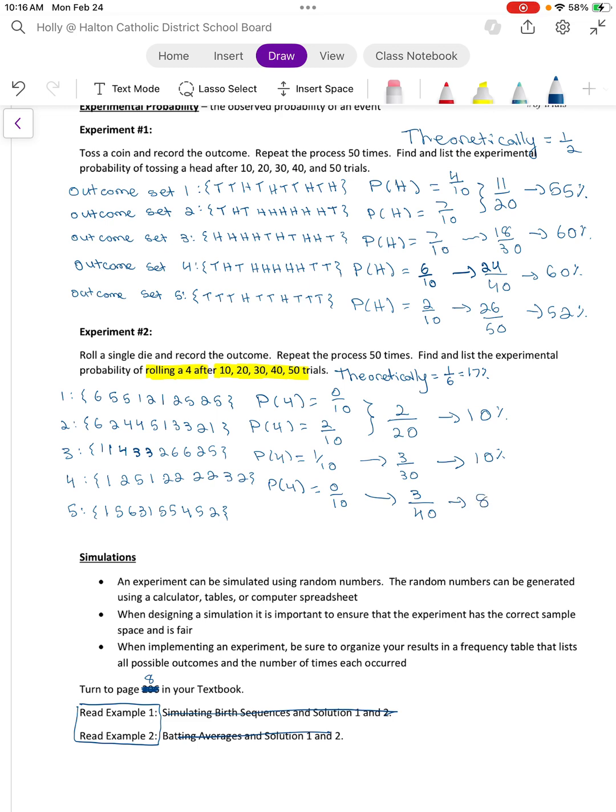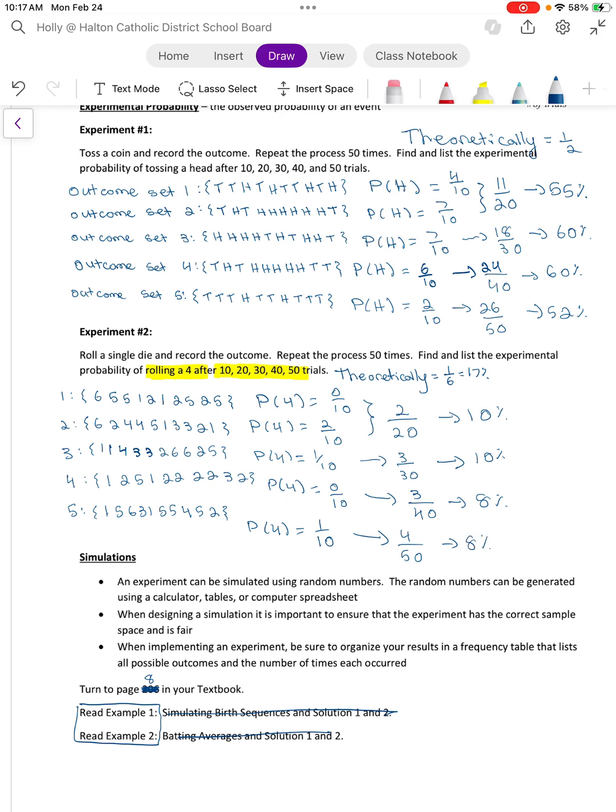This takes me to 8%. And if I look at probability of 4 here, I have 1 out of 10, which gives me 4 out of 50. And that would give me 8%.